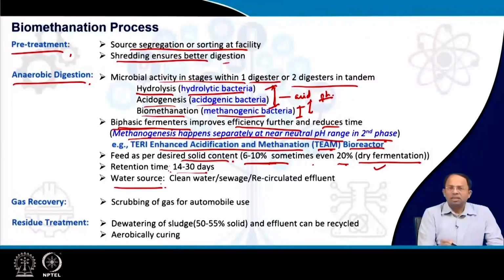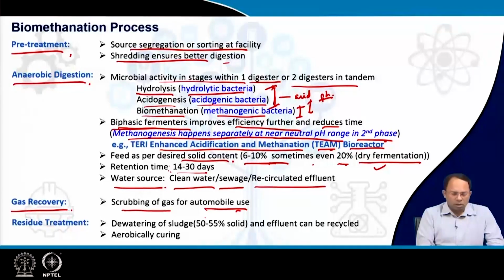The water source that is mixed with organic waste should be clean water, or it could be sewage, or it could even be recirculated effluent coming out of the digester as well. Once the gas is prepared, the gas is cleaned, or scrubbing of gas. If you want to go for automobile use, you have to clean the gas, you have to remove CO2, H2S and so on.